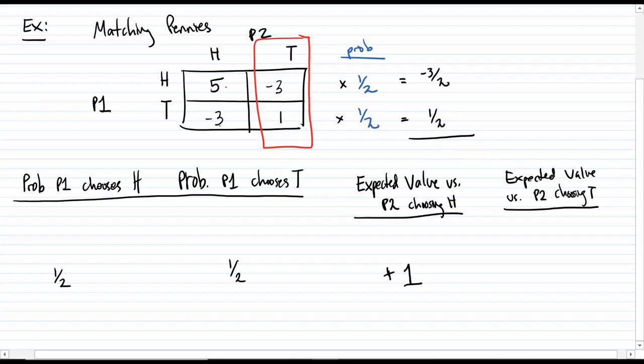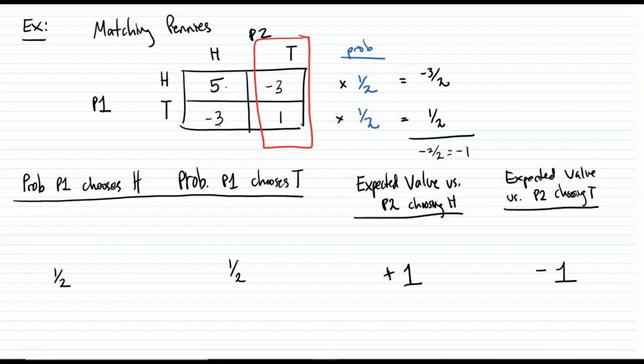Notice the probabilities stay the same because this is the same mixed strategy, just that the outcomes changed. So what's the sum of these two? Looks like it's going to be -2/2, which is -1. So my strategy versus player two choosing tails all the time is going to actually make me lose more.